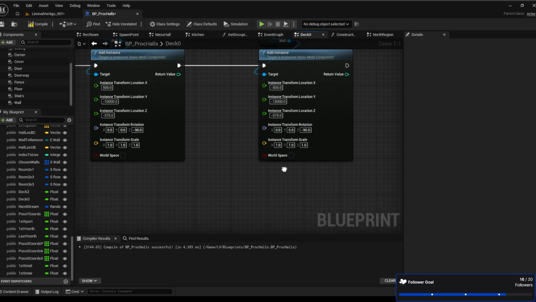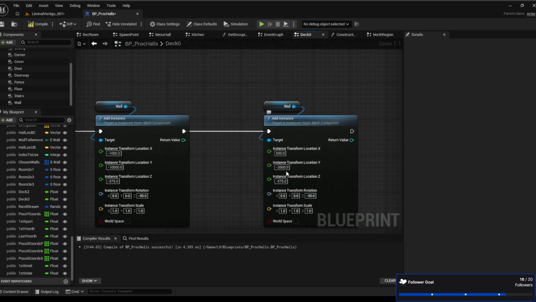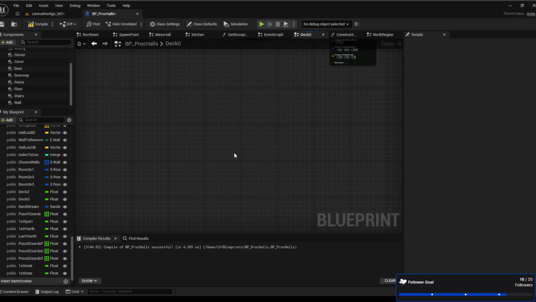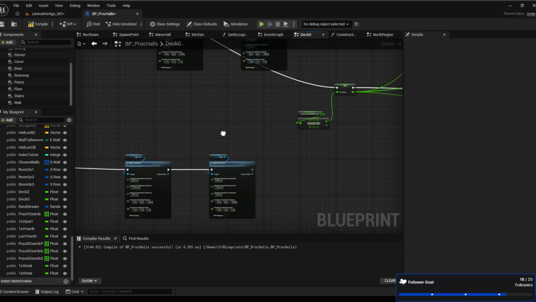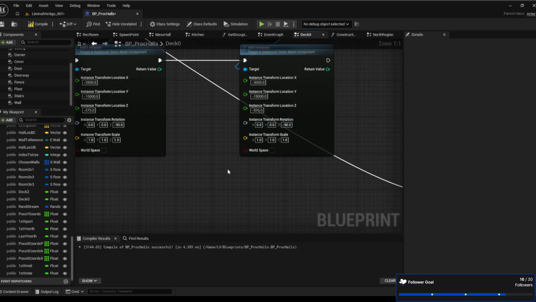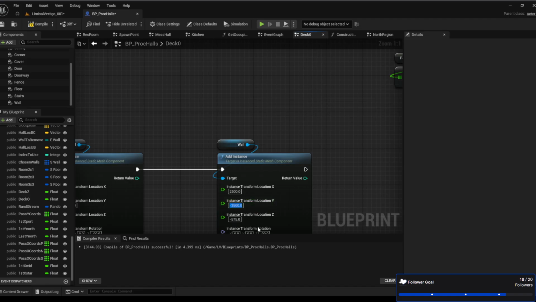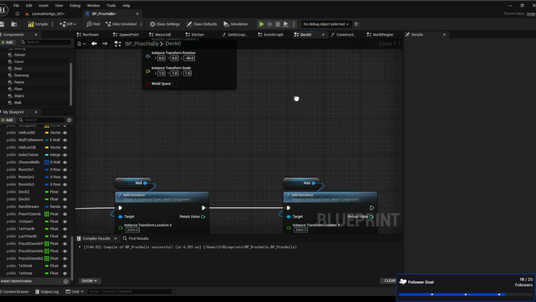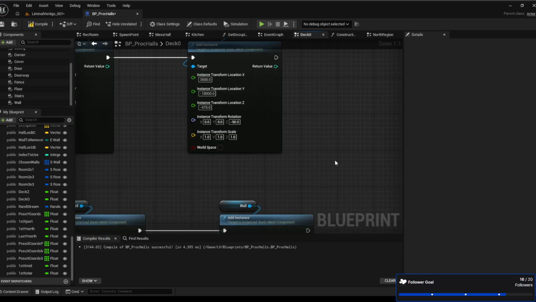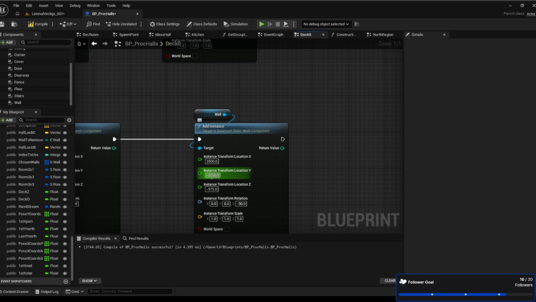Paste here on the Y. Paste the Y. Paste on the Y. And then last but not least, we got these. Paste on the Y. Paste on the Y. And very last but not least, paste on the Y.